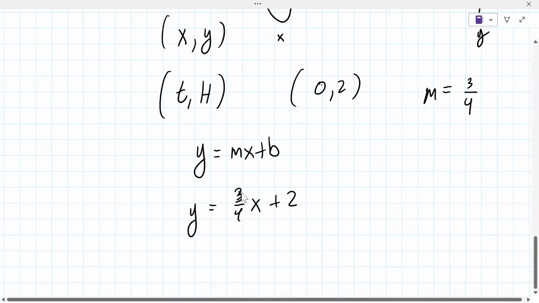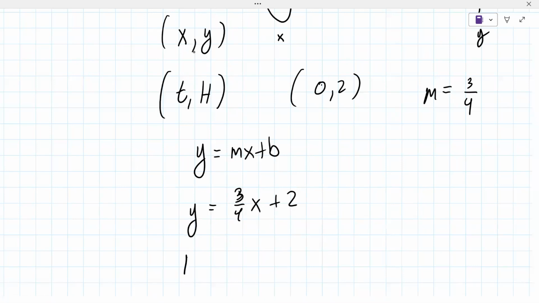Is that okay? And then you switch the variables. You say, okay, it's h instead of y, and it's t instead of x, like that.